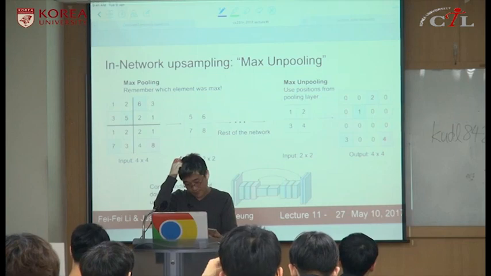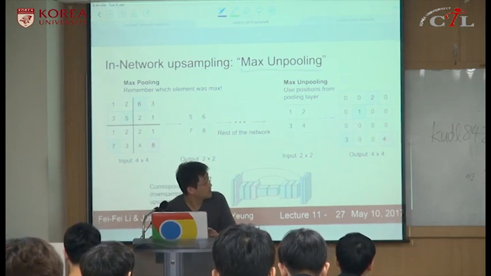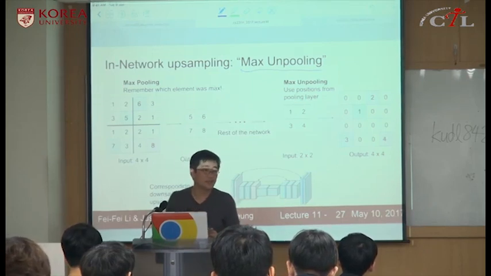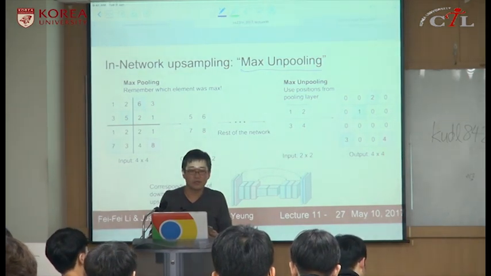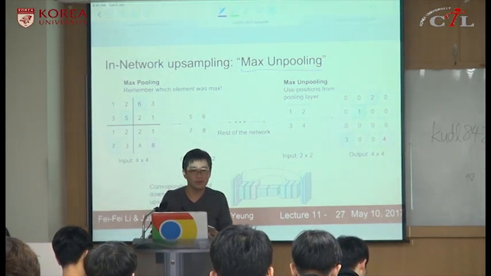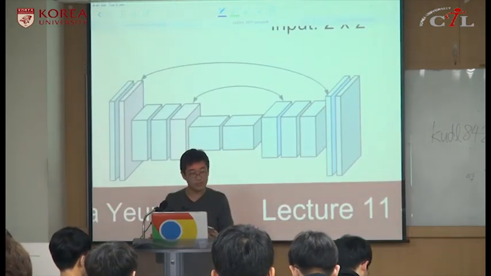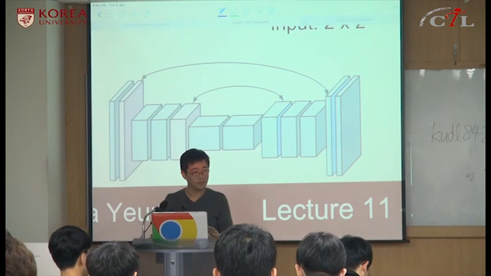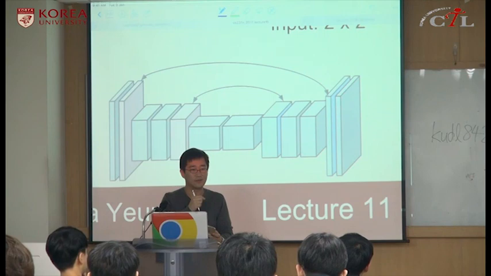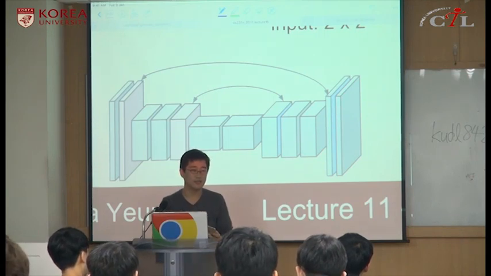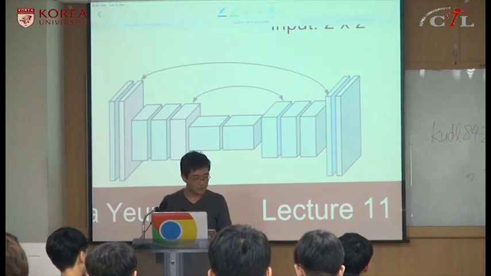And also there is a max unpooling, which will also be discussed in the next lecture when doing the guided backprop and similar things. In this case, we assume a symmetry in terms of the inverse operation of the input and output activation map size, although they will involve different sets of parameters.